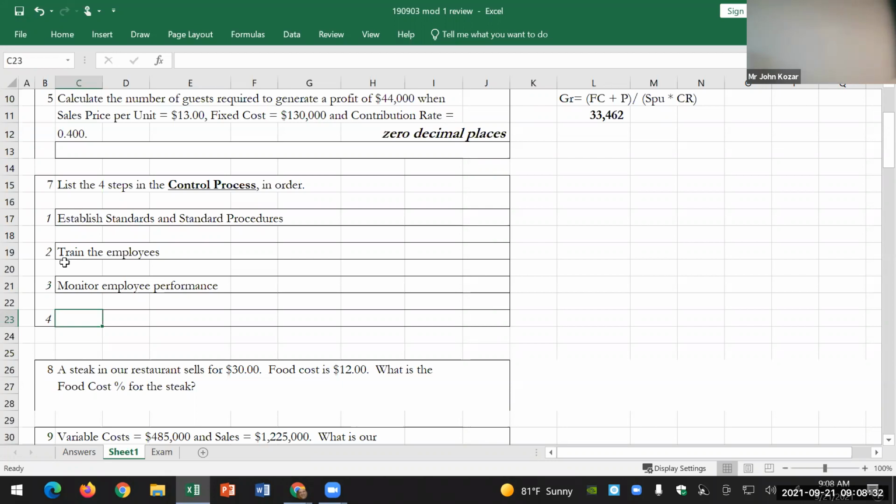Okay, there's 2 words for that. Take corrective action. Okay, so that's where you're going to guide the staff through whatever issues that they are having. Very often it's just that they need a reminder of what's going on.